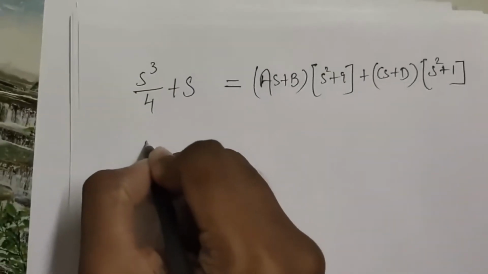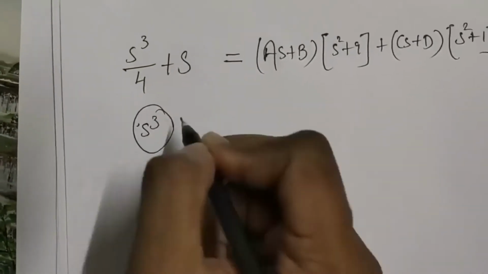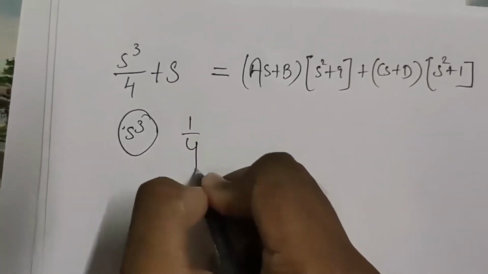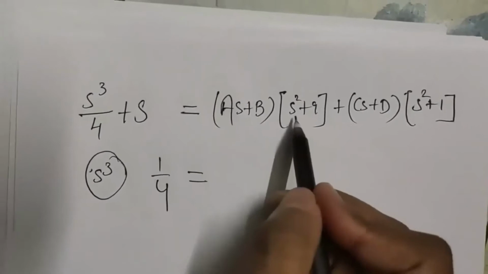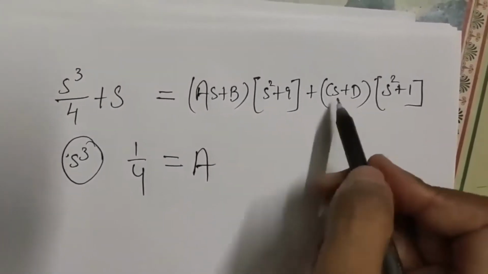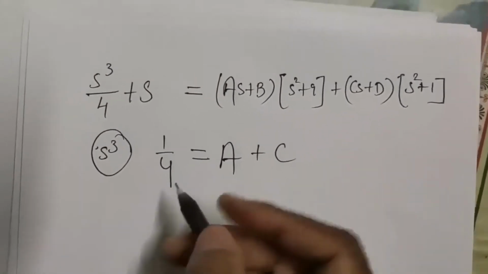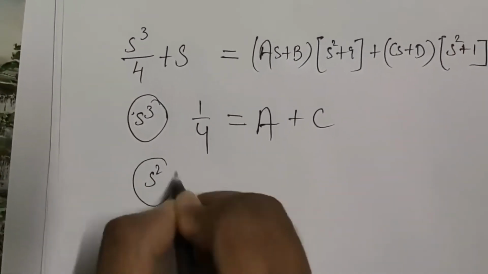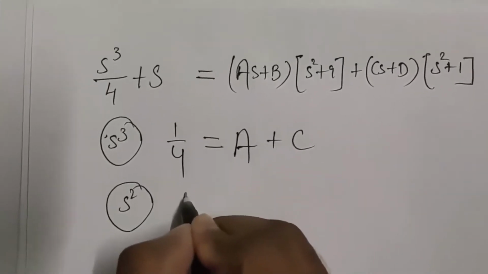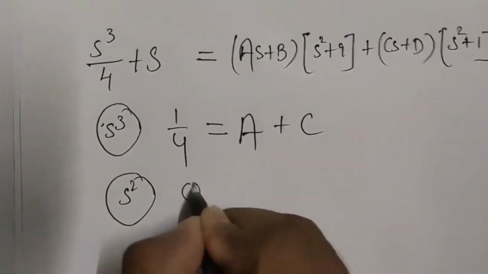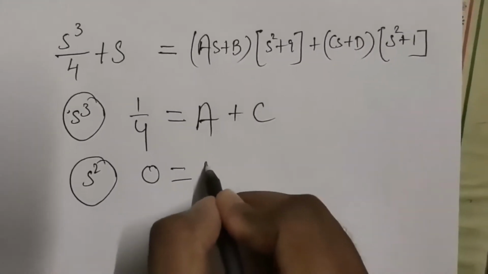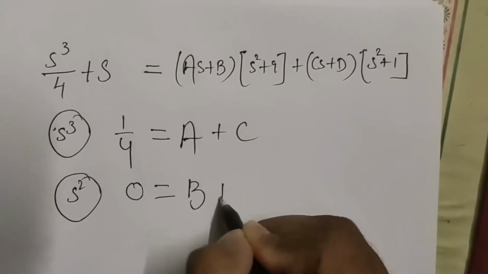First let us compare s cube coefficients on both sides. On left hand side it is 1 by 4, on right hand side it is a plus c. Next, s square coefficients: there is no such term on LHS, that is left hand side, so 0 is equal to b plus d.